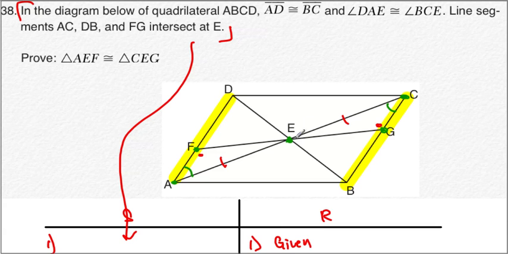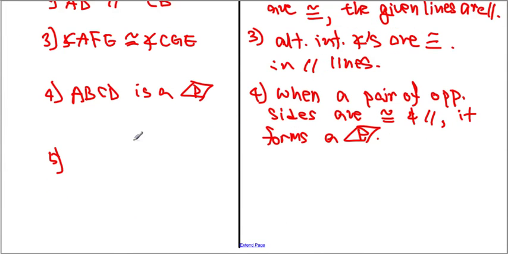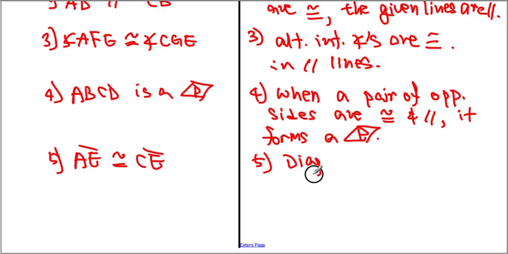AE must be congruent to CE. Number 5, those are congruent to each other. Why? Because diagonals of a parallelogram bisect each other.